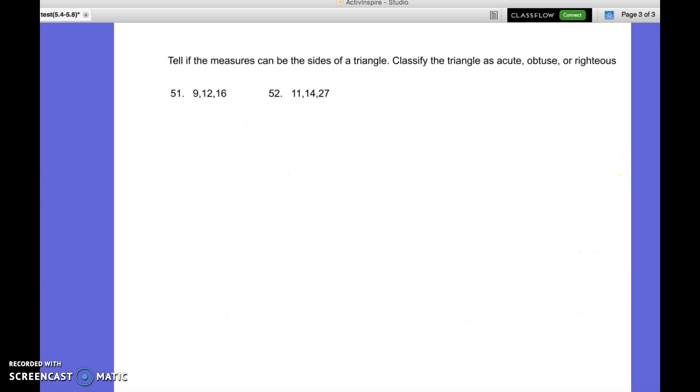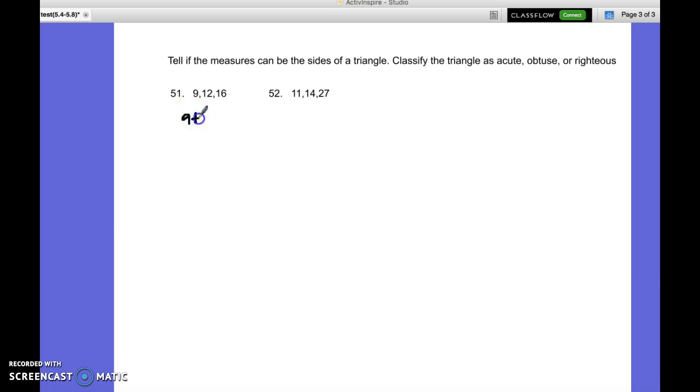Okay. Next page. Tell if the measures can be the sides of a triangle. That's the first thing. And then classify the triangle as acute, obtuse, or right. Okay, this one should be fairly easy. Sides of a triangle: the sum of any two has got to be greater than the third. So we do 9 plus 12.